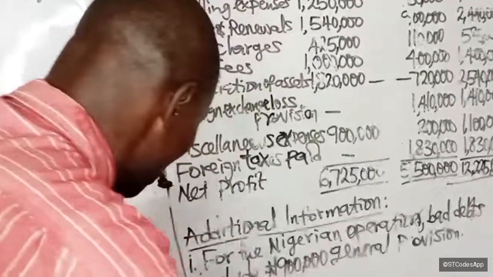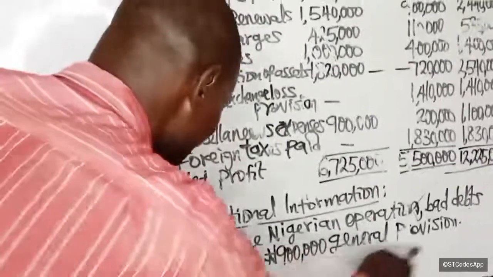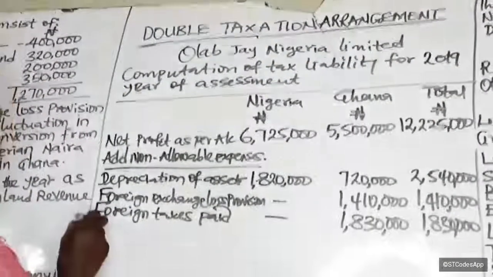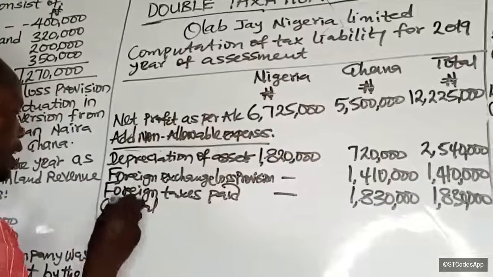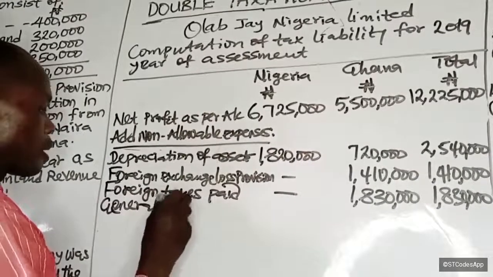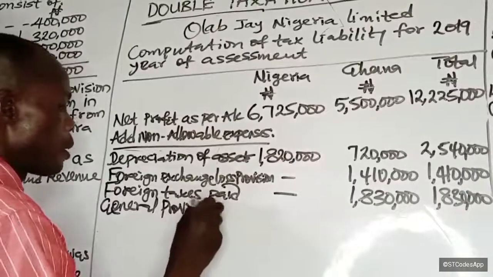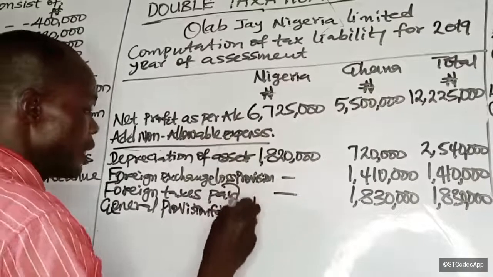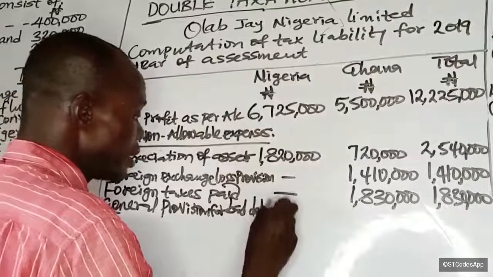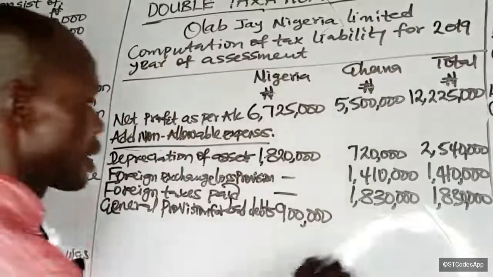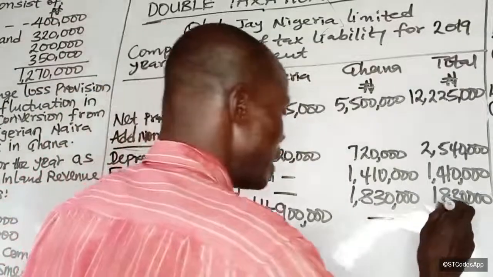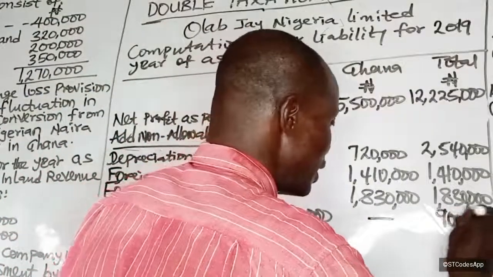So since 900,000 relates to Nigeria operation and it's not allowable, we are going to add it back. So we have general provision for bad debts, 900,000, which relates to the Nigerian operation. Ghana name, total, we have 900,000.